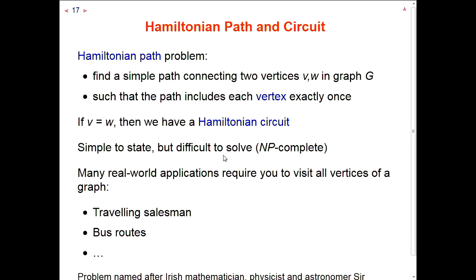And again, if you fail to find a polynomial algorithm for subset sum, but you're able to find a polynomial algorithm to solve this problem, then you will win fame and money, and you would have solved one of the most important problems in computer science. But no one has yet found a non-exponential algorithm that works for all the graphs.